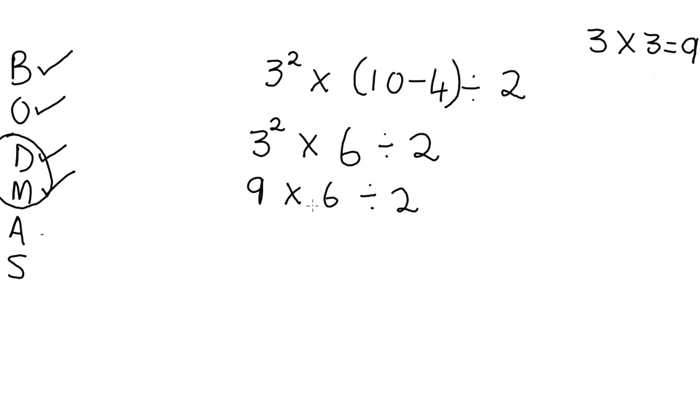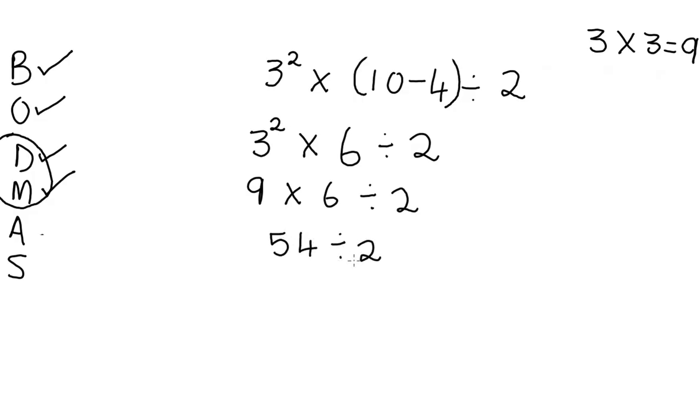So because we have 9 times 6, the only two operations are multiplication and division. We are going to go ahead and start with multiplication because we're working from left to right. So 9 multiplied by 6 will give us a total of 54.